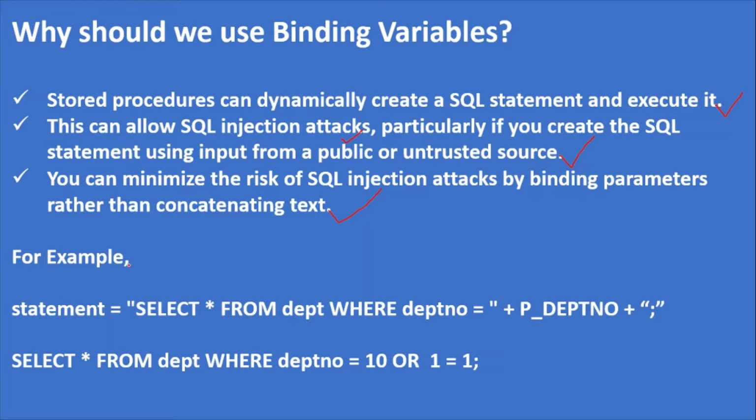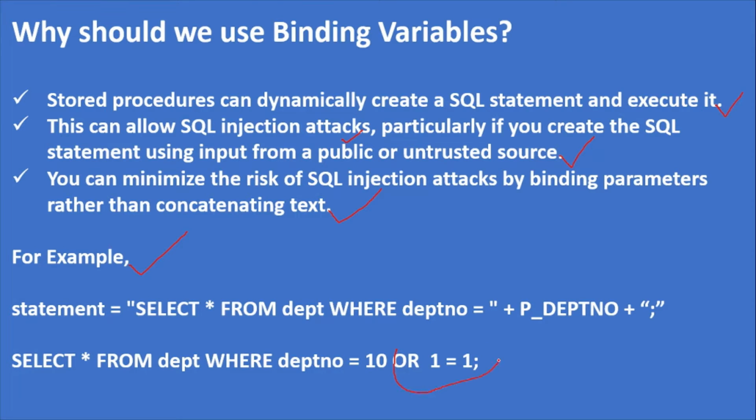For example, here this is my statement: select star from DEPT where DEPT number equal to, and I am using P underscore DEPT number as the variable concatenated to my SQL statement. So when you pass the actual value to this variable through the procedure, select star from DEPT where DEPT number is equal to 10, along with that you can pass any other string.